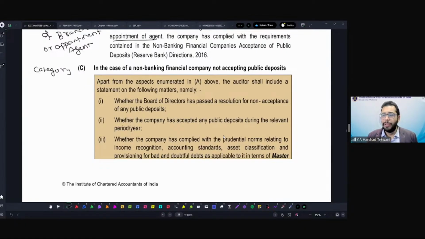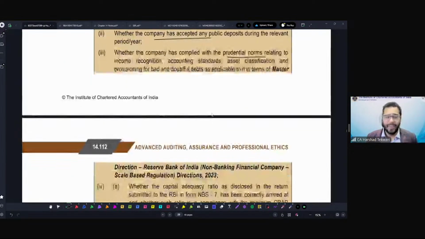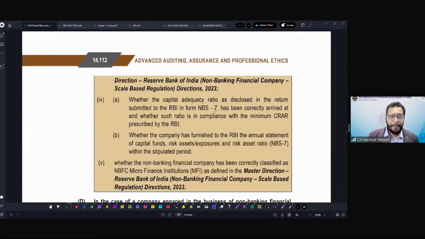Category C only talks about whether the company has, actually, the company should not accept any public deposit. That's why they are coming into category C, and whether they have complied with the norms with respect to non-acceptance, means whether they have passed a resolution for non-acceptance of any public deposit, whether they have accepted any public deposit because they were not supposed to do that, whether they have complied with the prudential norms that we have seen, whether they have the capital adequacy ratio and whether they have furnished the annual statements of the risk assessed ratios.